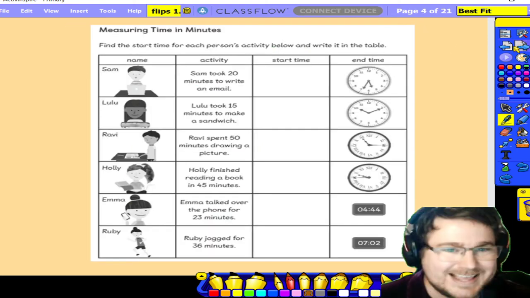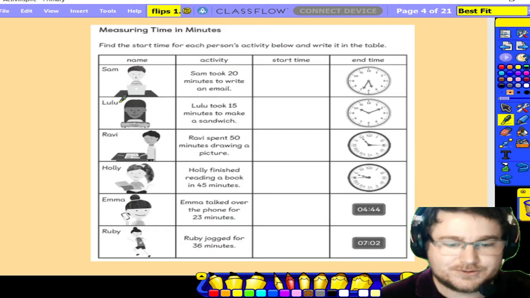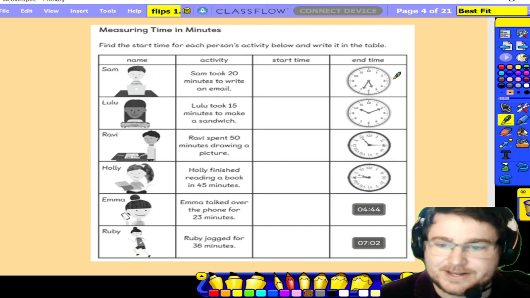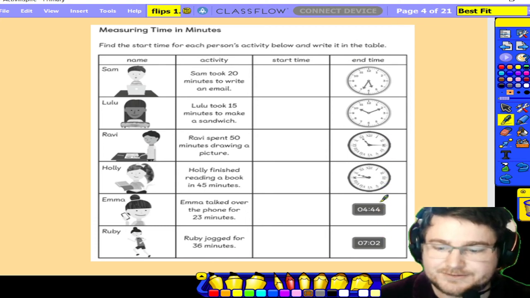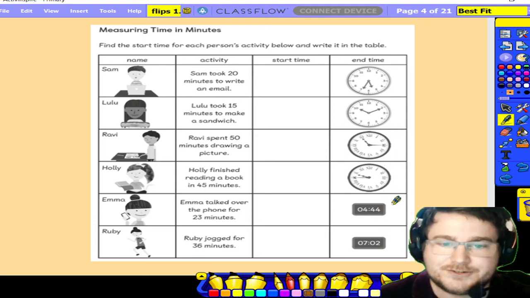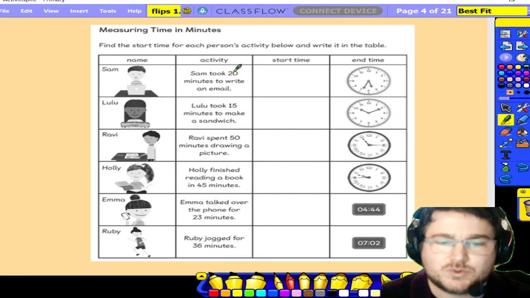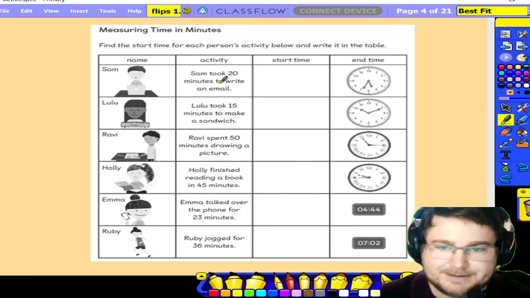Onto the independent practice. Right, we've got a few children here, quite a lot actually, who have finished at different times of the day. And they've just glanced at the clock to see what time they finished on. And they tell us how long their activity took. So Sam here, on his laptop, Sam took 20 minutes to write an email.